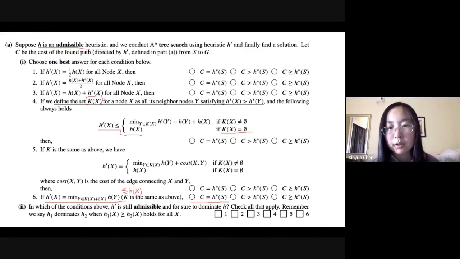But when the set K is not empty, it may not be that straightforward to know whether H prime still satisfies the criteria of admissible heuristics. Then let's do some derivation to see why H prime is still an admissible heuristic under the conditions of either 4 or 5.